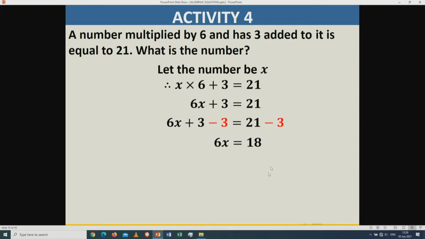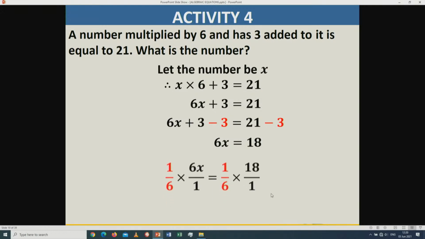Now we will have to apply the multiplicative inverse. The multiplicative inverse of 6 must be the number that when we multiply it by 6 will give us 1. And if we write 6 in the form of a fraction, it will be 6 divided by 1, or 6 over 1.